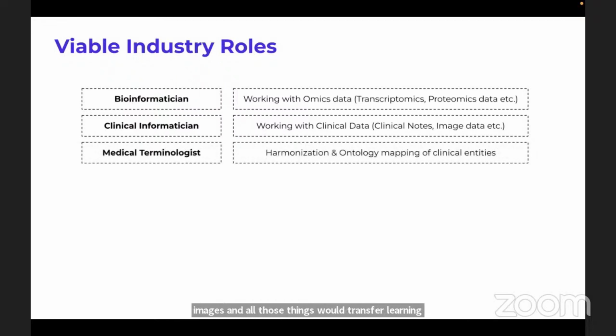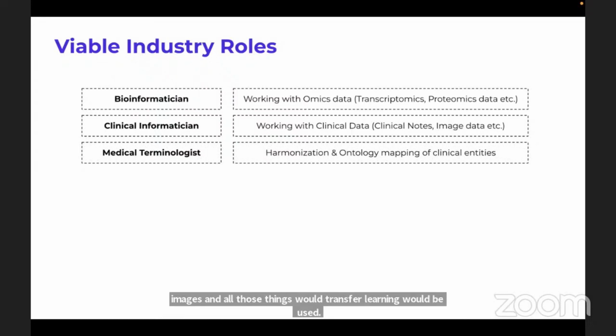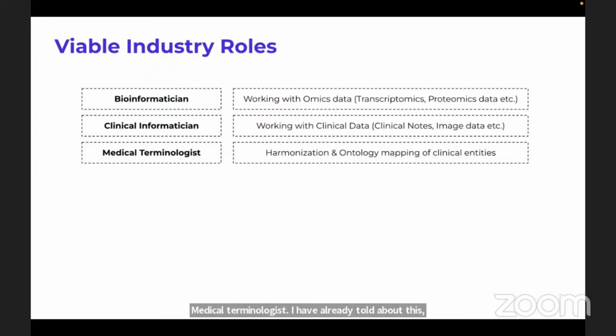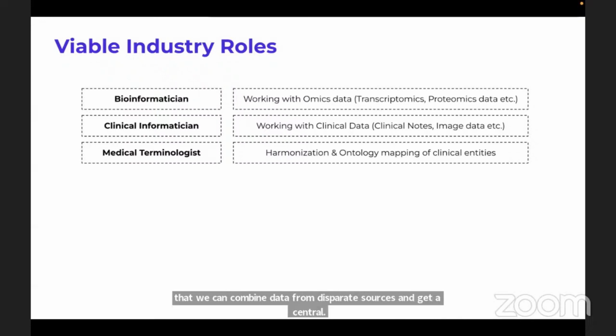Medical terminologist: I have already told you that because there are lots of disparate data sources and people are using different terms, we need to do a proper mapping, and medical terminologist is the job profile for that. We harmonize and map so that we can combine data from disparate sources and get a central source for generating insights.